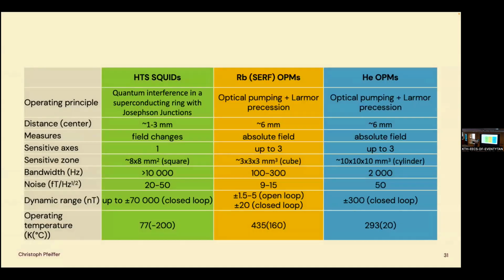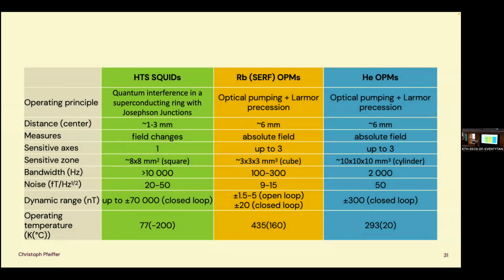So this is a lot of details now. We don't have to go through each of them individually, but it's mainly the 3 types. And I separated here the alkali, so that's called SERF OPMs here, or rubidium SERF OPMs, and helium OPMs, just because they have some important technical differences between them.